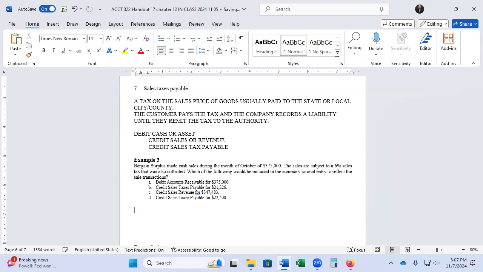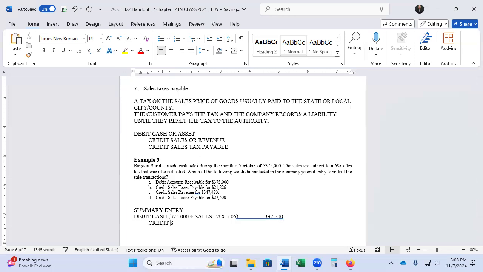So, summary entry: a debit to cash, and that cash is going to be $375,000 plus sales tax. I'm going to multiply by 1.06 because that's the 6% sales tax, and so I get $397,500.